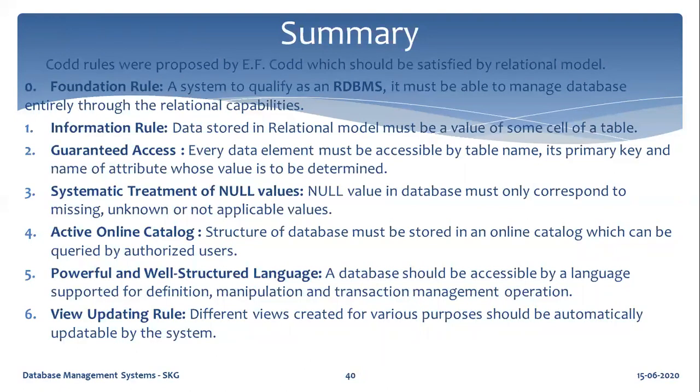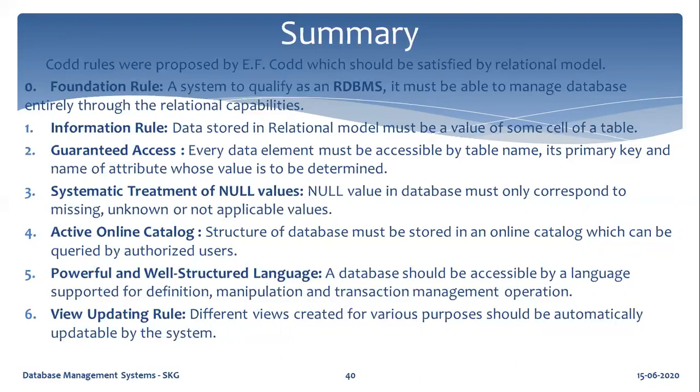Now, summary. We can see over here, a qualified RDBMS means each and every RDBMS system is able to manage the database entirely through relational capabilities. The first rule, that is the information rule, says data must be in tables. Guaranteed access: we have to access data using table name, primary key and attribute name.